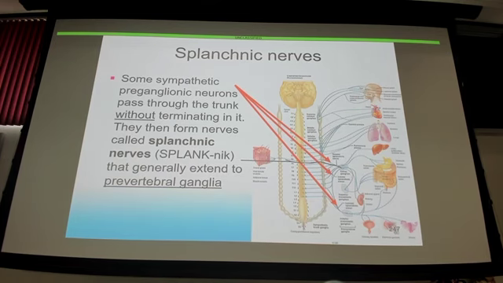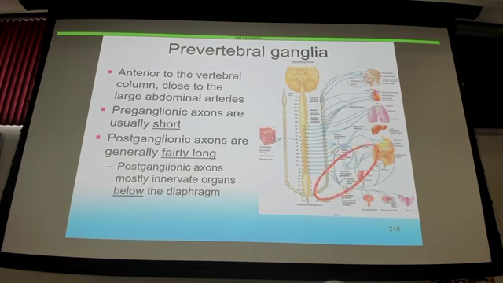So now you're in a prevertebral ganglia. They're anterior to the vertebral column, along with those larger abdominal organs. And so like I said, the preganglionic axons are still short, the postganglionics are still going to be long, but any sympathetic preganglionic that synapses in the prevertebral ganglia will go to things below the diaphragm. So I'll recap it anyway.